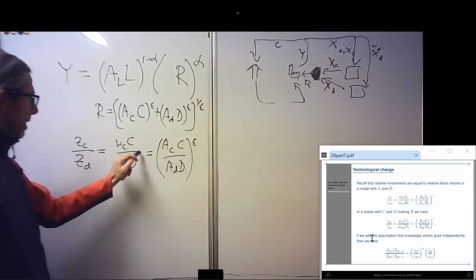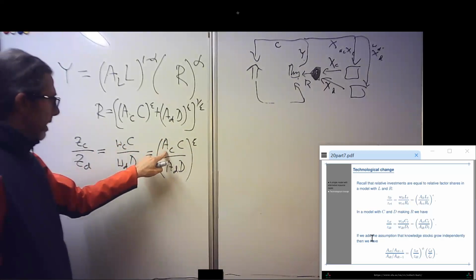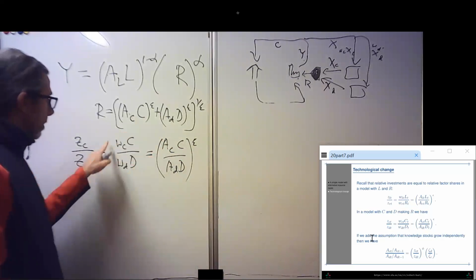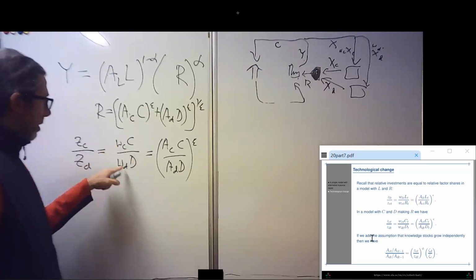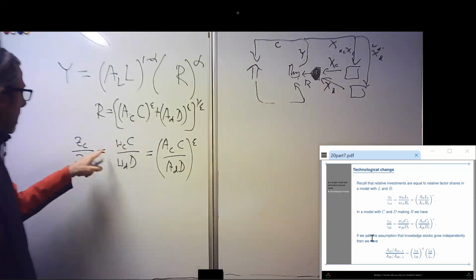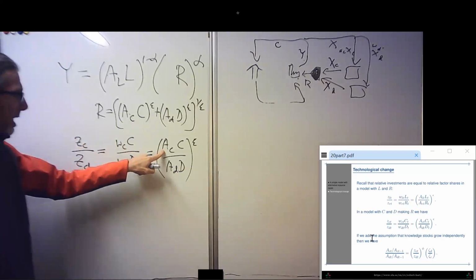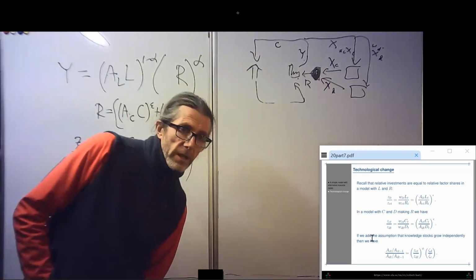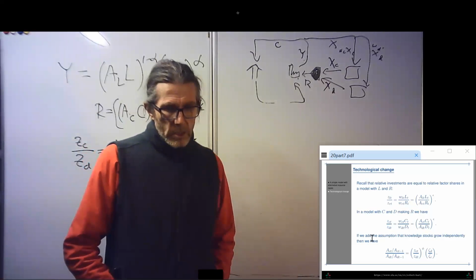So when C gets more productive or cheaper effectively, we use a lot more of it, the share of C goes up, and we invest even more in AC. So there's actually an inbuilt instability now in this system.